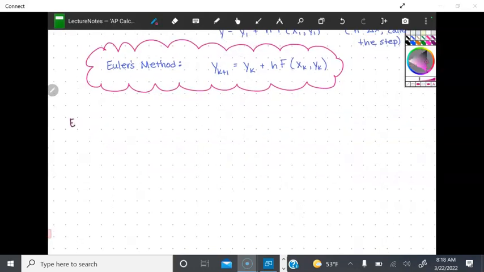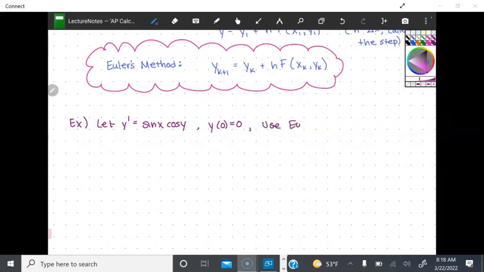Example. Let y prime equal sine x cosine y, y of 0 equals 0.